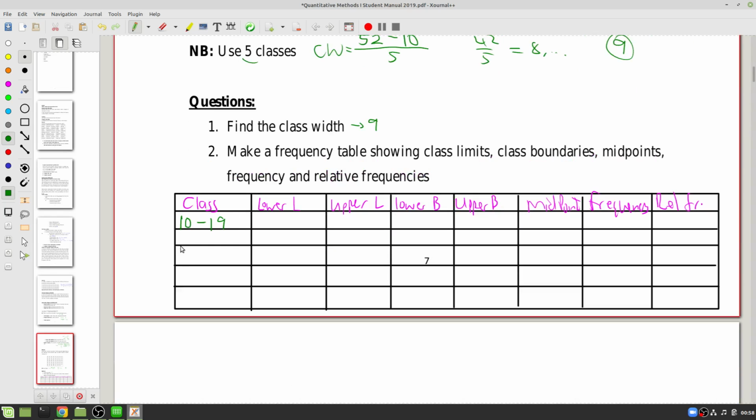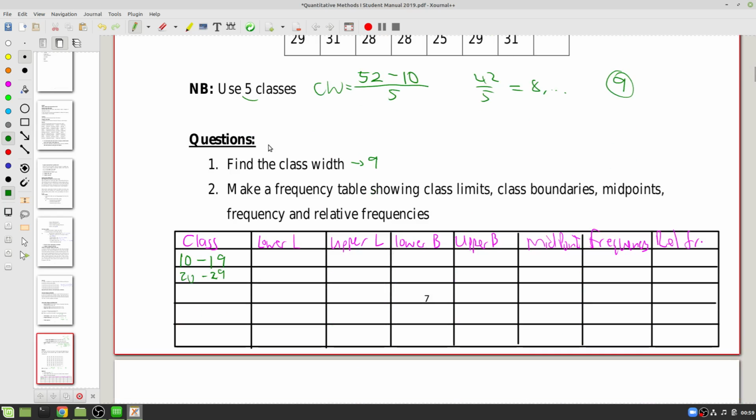Let's see if this works. So 10 to 19, and then 20 to 29. If we do this, we see we're going up by 10 each time. But I'm going to finish this, and then we're going to look back at this data and see if there's a problem. Then the next will be 30 to 39, 40 to 49, and 50 to 59.